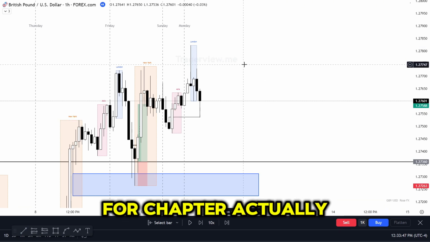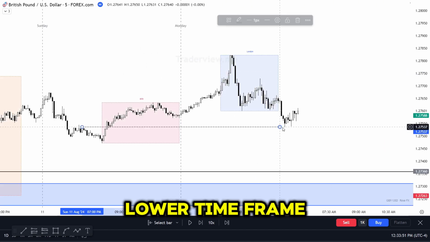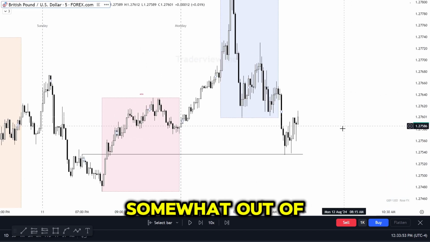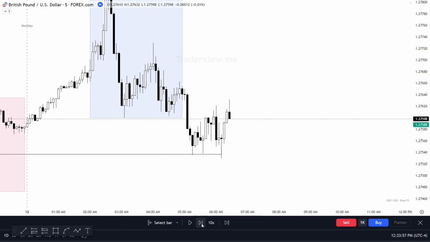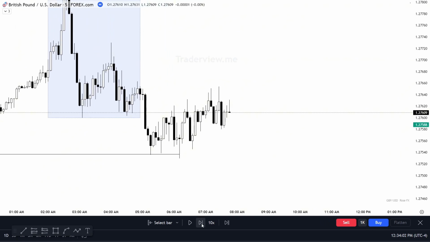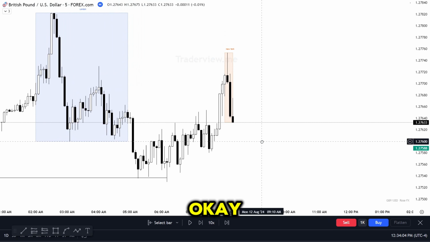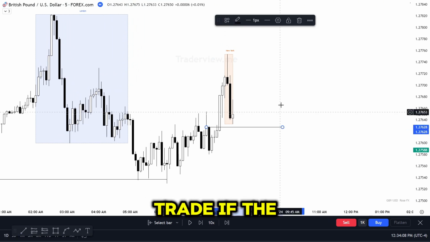I was looking for chapter actually, and if I go to a lower time frame and see, it's somewhat out of the kill zone. Let's see how the price works. Okay, so actually I can take a trade if the price comes here.